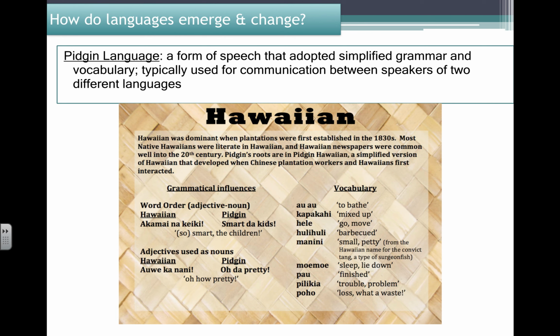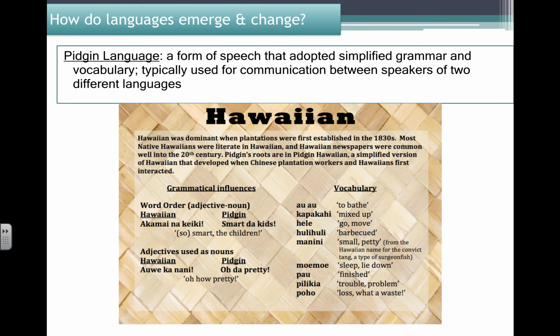Okay. Another way that a language can emerge is through what's called a pidgin language. A pidgin language can emerge when it's a form of speech that's adopted with simplified grammar and vocabulary. It's helpful for me to remember this like a bird. If two birds are trying to interact with each other, the two pigeons, right, even though that, of course, is spelled differently, this pidgin language is very simplified. It says me, you, trade, ball, for, food, whatever, right?